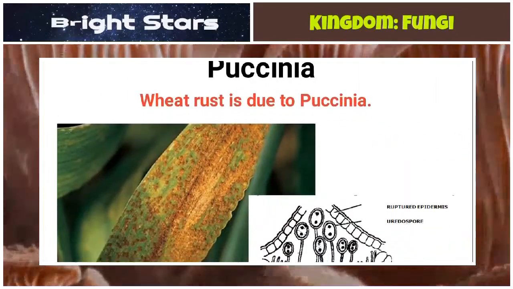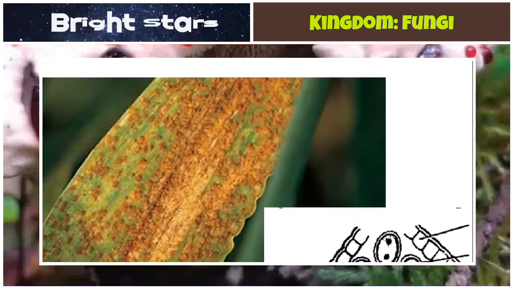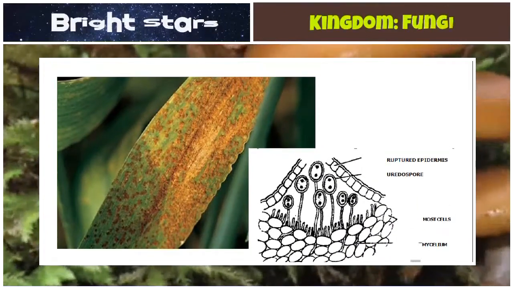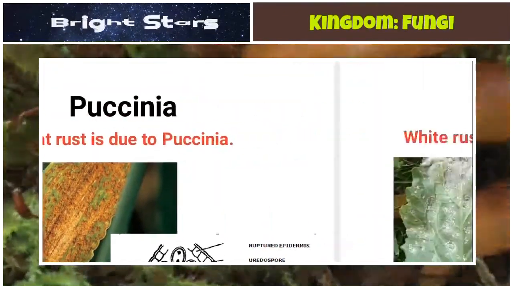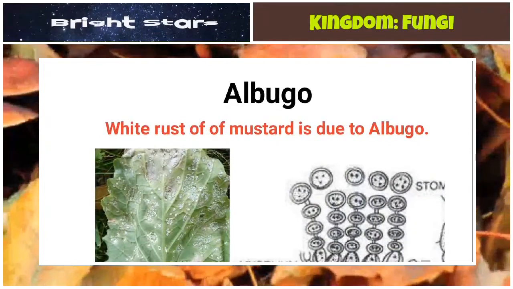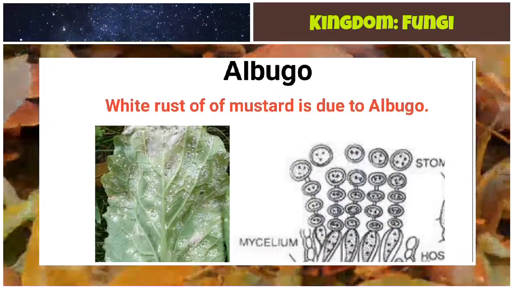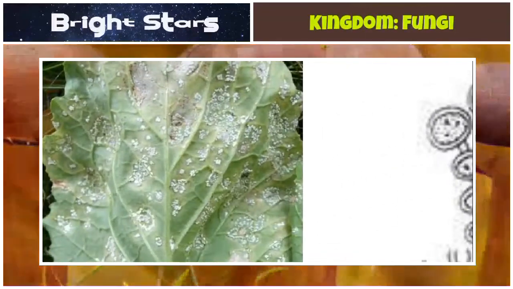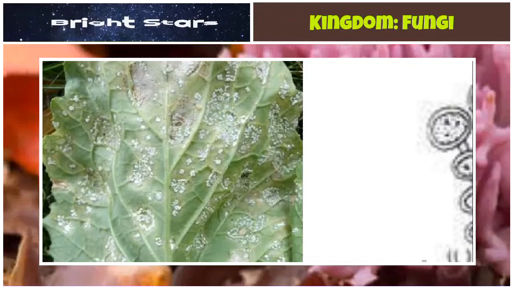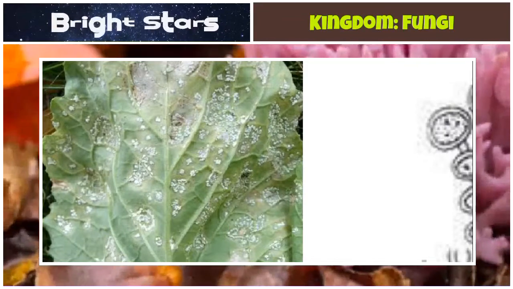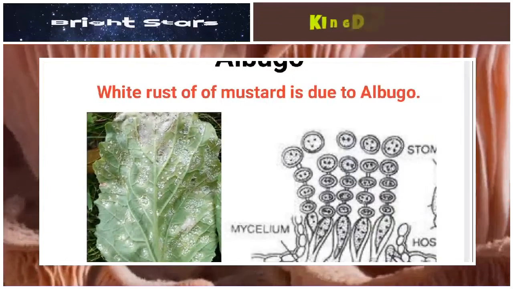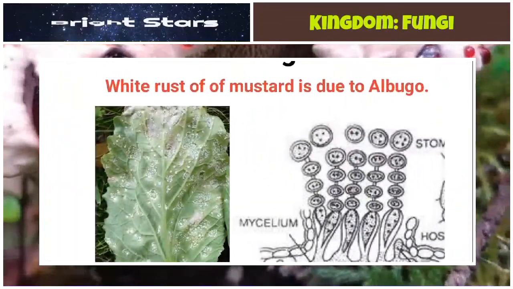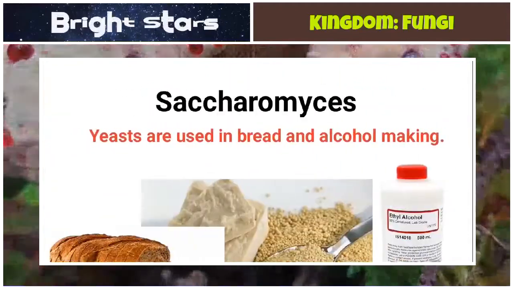Puccinia, here wheat rust, the rust-like spots on the wheat leaves is called wheat rust. And this is caused by a fungus called Puccinia. So next thing is Albugo. This is one more genus of fungus. White rust of mustard is due to Albugo. This is white rust on cruciferous plants, especially Brassicaceae members. So this is a mustard leaf where you can find this kind of a fungus. Albugo causes white rust of mustard.